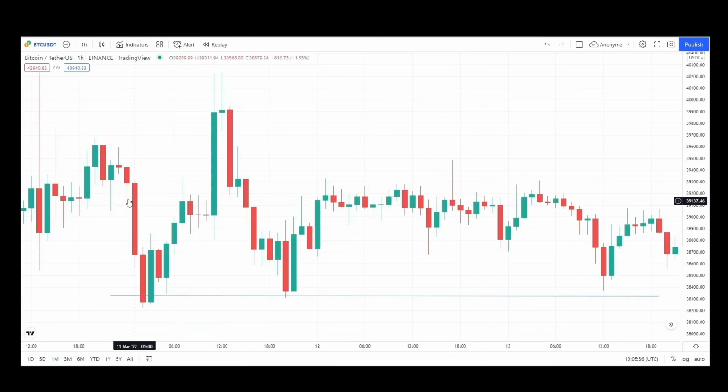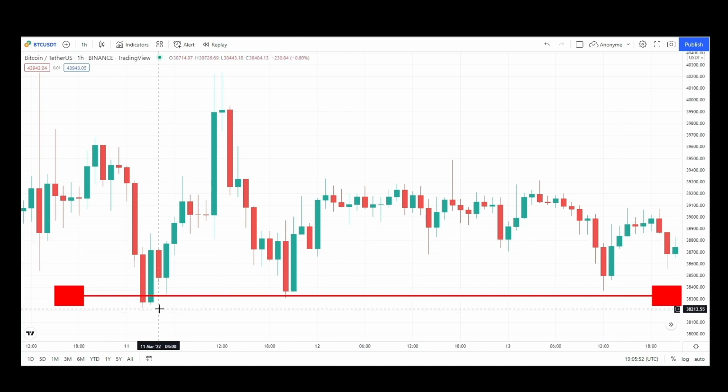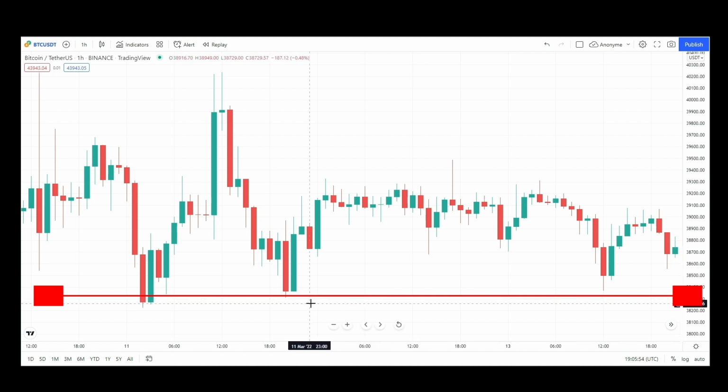Using this analogy, if you take a look here at the price of Bitcoin during this period of time, each time the price fell to $38,000, the buyers took control and prevented prices from falling further. That means that at the price of $38,000, buyers felt that investing in Bitcoin was worthwhile, and sellers were not willing to sell for less than $38,000. This type of price action is referred to as support, because buyers are supporting the price of $38,000.